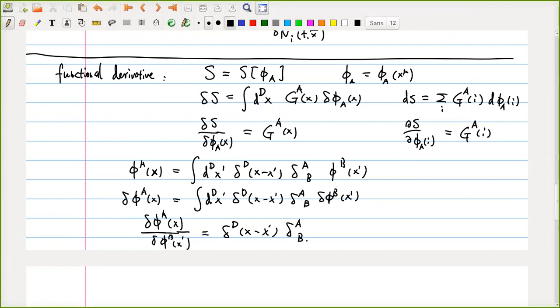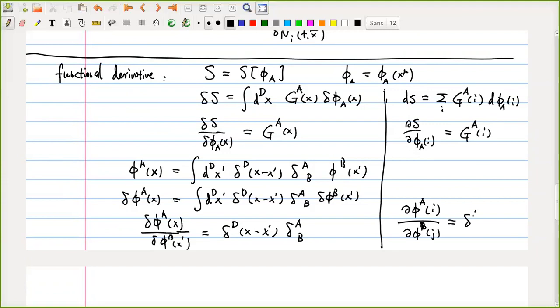So this is also analogous. Suppose you want to compute a partial derivative, compare this with the finite dimensional derivative: the derivative of phi a i with respect to phi b j.